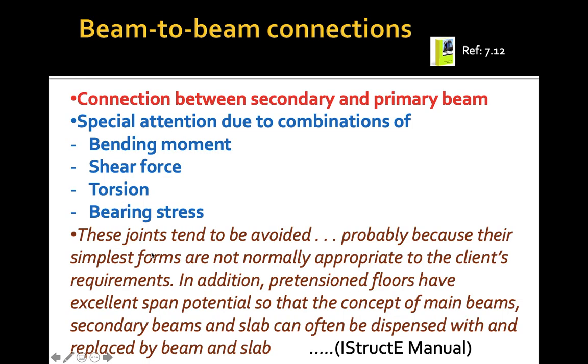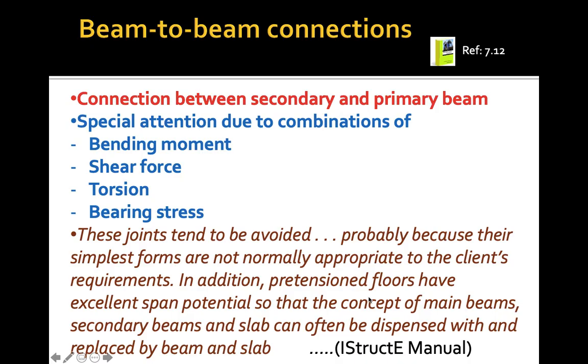These joints tend to be avoided, probably because their simplest forms are not normally appropriate to the client's requirements. Usually in a precast concrete structure, primary and secondary beams are seldom used.